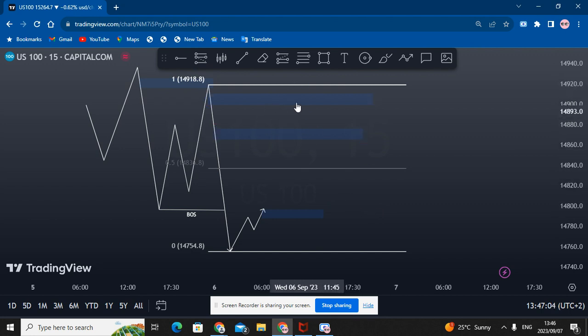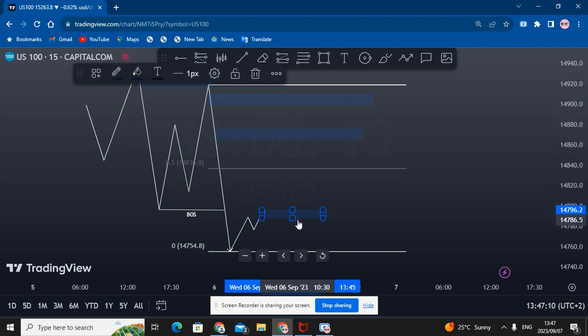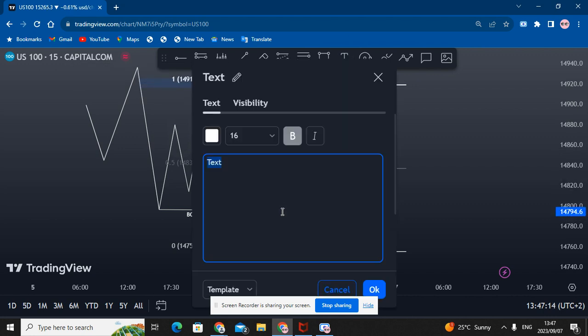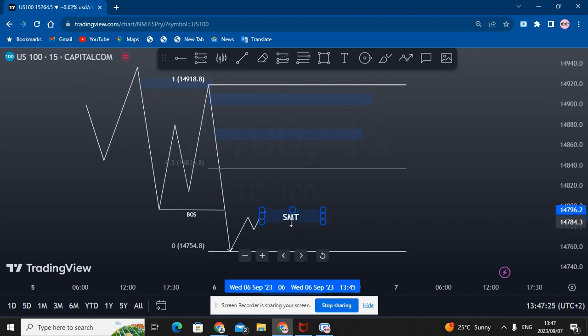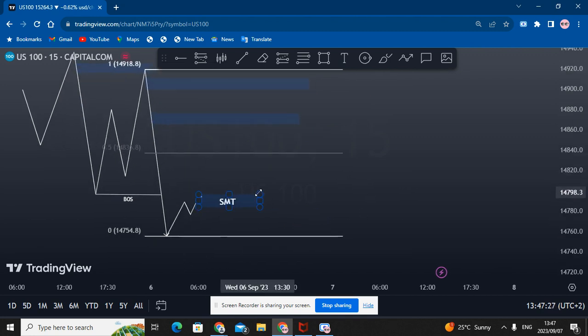So the only order blocks we're going to be considering are those which are above your 50% mark. So this becomes what we call an SMT. Don't take any trades here thinking that the market has completed its pullback. No, the market has not completed its pullback. So this becomes an SMT, which is a smart money trap.